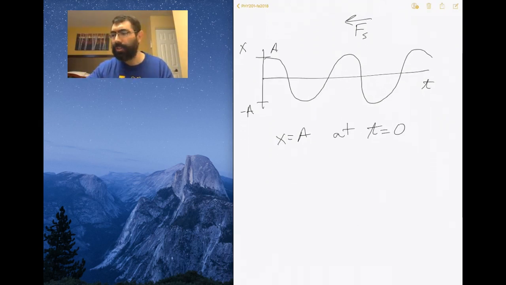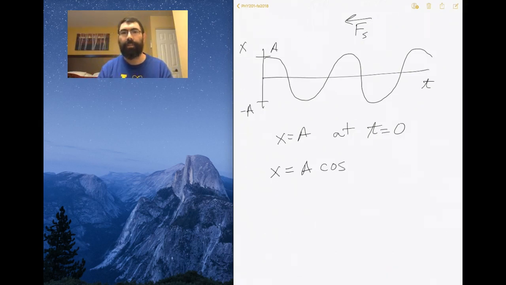So it turns out this function is the cosine. So x is equal to A times the cosine of some argument, which I'll call question mark. We'll get to the question mark in a minute.